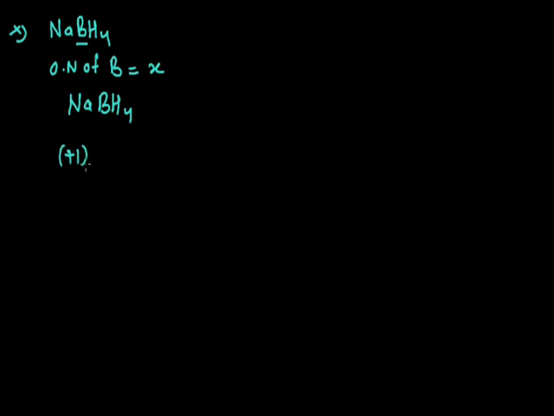Now next example, NaBH4, that is sodium borohydride. We have to find out the OS of boron. Let me consider the oxidation state of boron as X. According to the formula NaBH4, the OS of an alkali metal is +1 because sodium is an alkali metal, so we put the value +1.